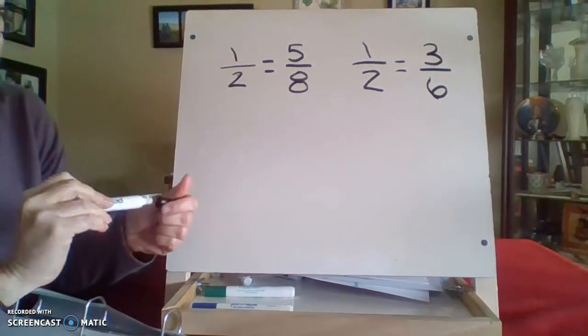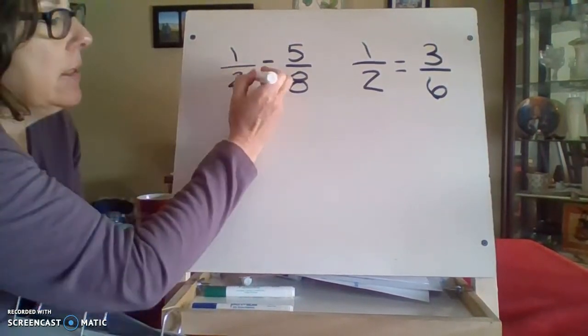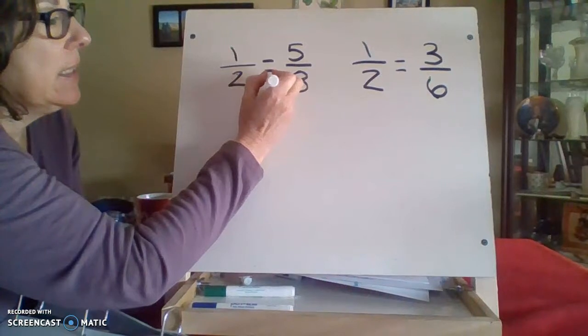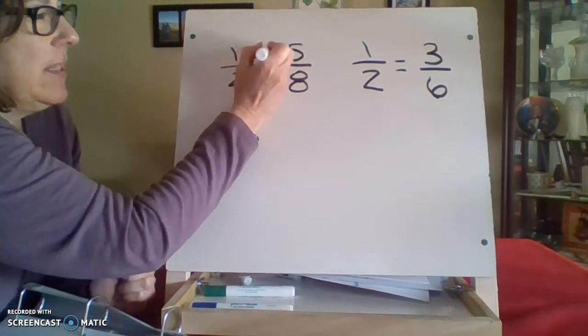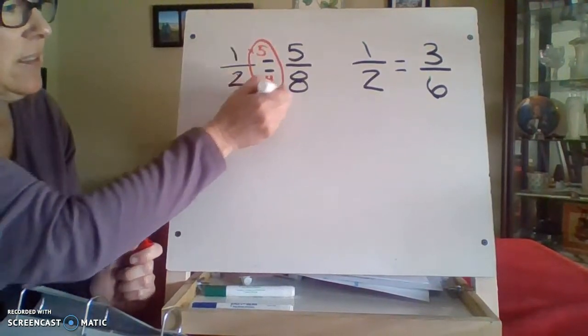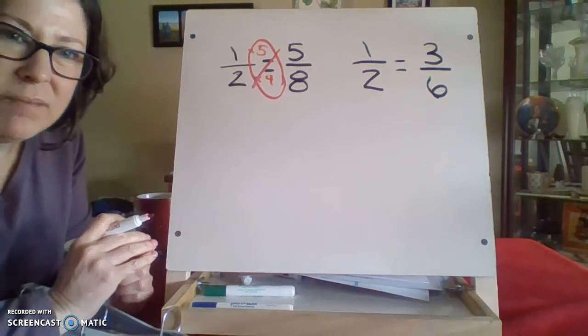Is 1/2 equal to 5/8? Well, I know that 2 times 4 is 8. And I know that 1 times 5 is 5. So, no, they're not equal.